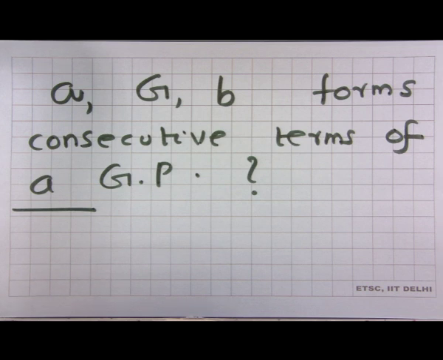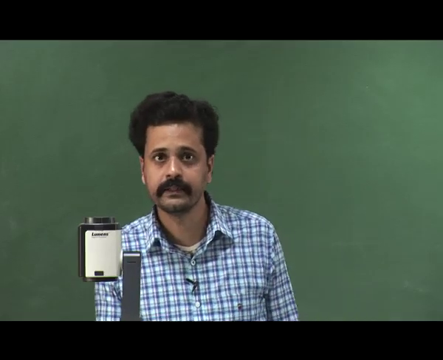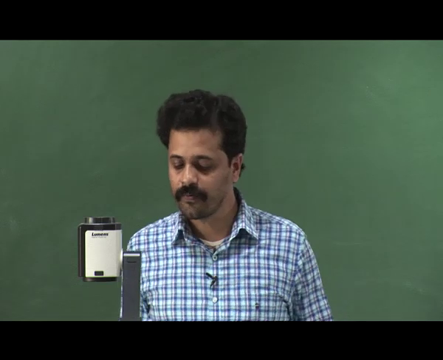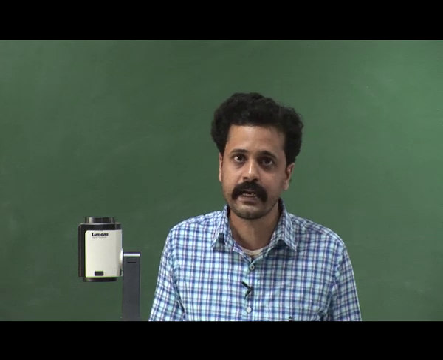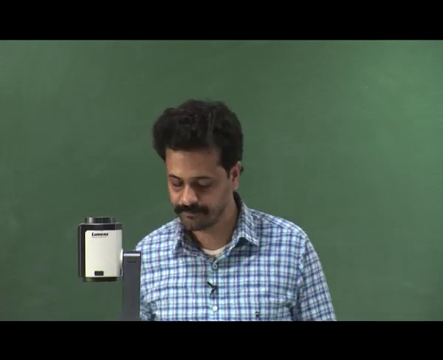Note that if A, G and B are consecutive terms of a GP, the ratio of second term by first term should coincide with the ratio of third term by second term.